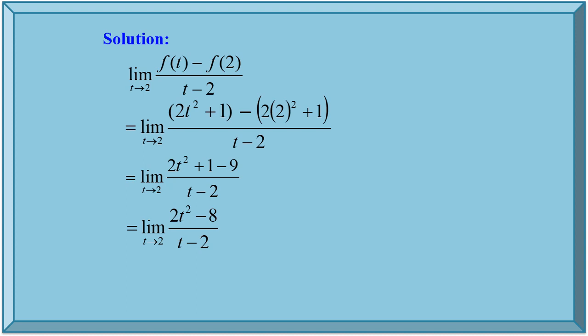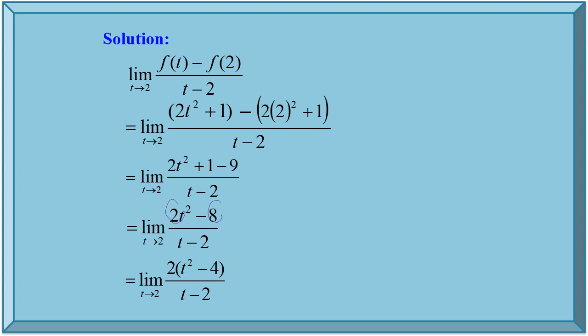Okay then. So what can we see? Here, we can factorize out the 2 first from 2 and 8. So what we have is 2 multiplied by t squared minus 4. And because if we directly substitute 2 into this one, we will get 0 over 0, we have to do the factorization.